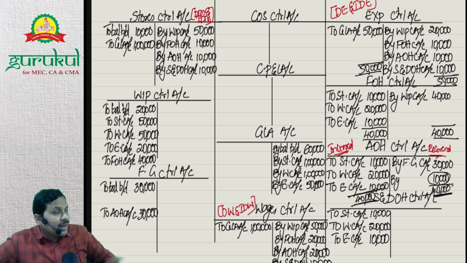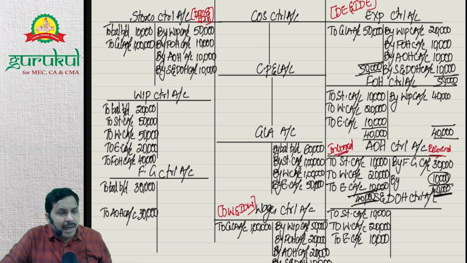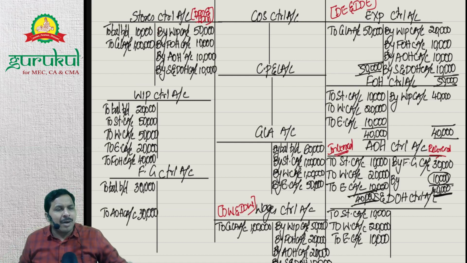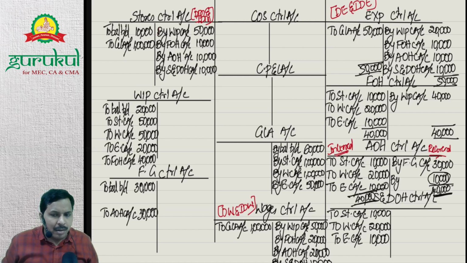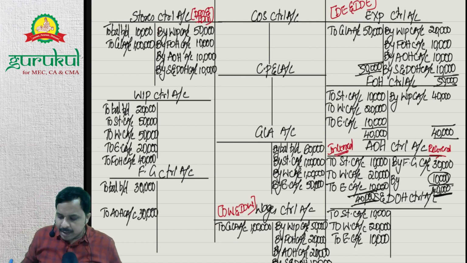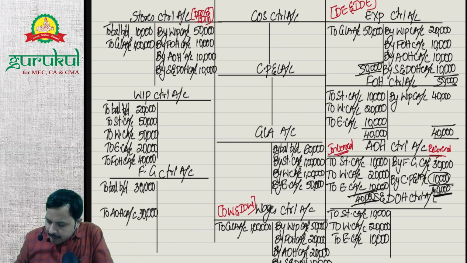If we are transferring it to costing P&L account, we will have an entry: costing P&L account debit to administration overhead control account, if it is under recovery. Here, let me transfer to costing P&L account for your understanding. So by costing P&L account, what is it? Under recovery or over recovery?